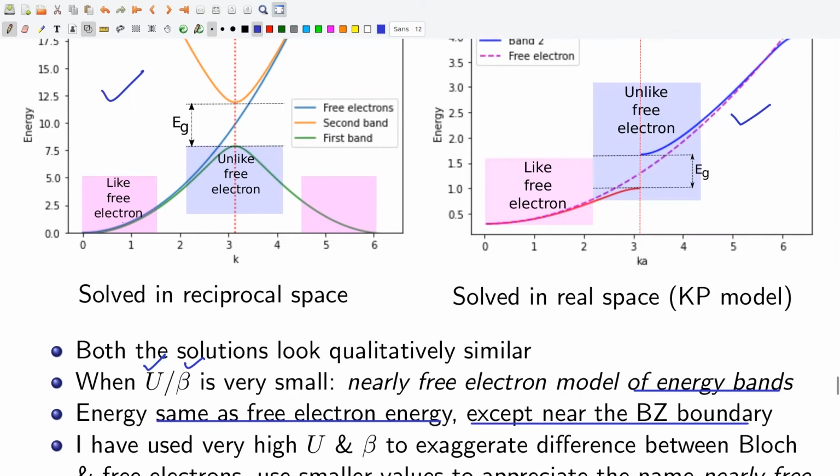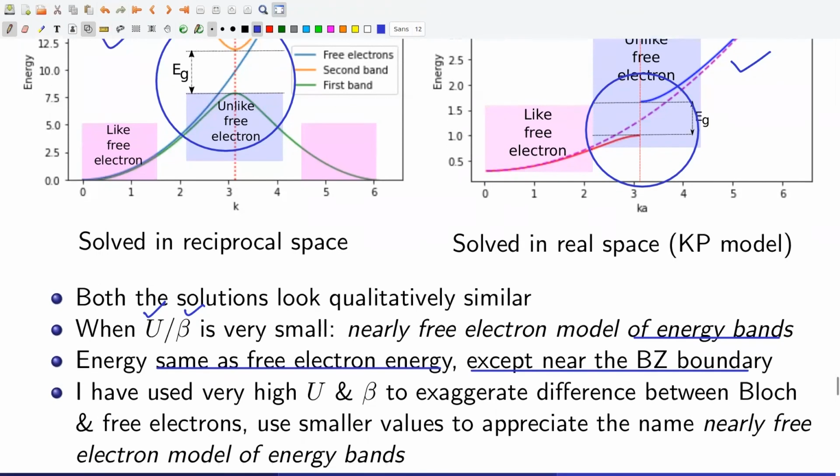For example, in this case, the energy of Bloch and free electrons differ mainly in this region, and in this case, the energy of the free electron and the Bloch electrons differ mainly in this region, which is close to the Brillouin zone boundary. Otherwise, the Bloch and free electron energies are identical.